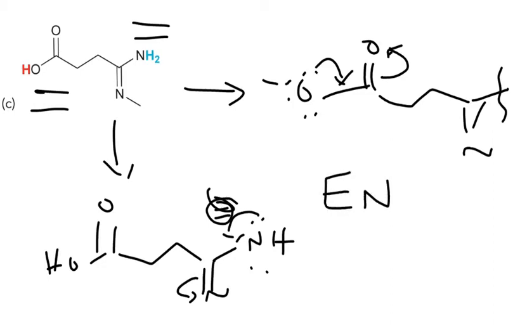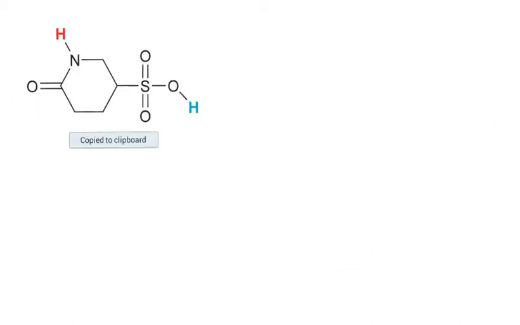In this conjugate base here, the negative charge is on oxygen. In this conjugate base, the negative charge is on nitrogen. And so because oxygen is more electronegative than nitrogen, this conjugate base is more stable, meaning that the red proton has a lower pKa. So this proton here is going to have a lower pKa and be more acidic.